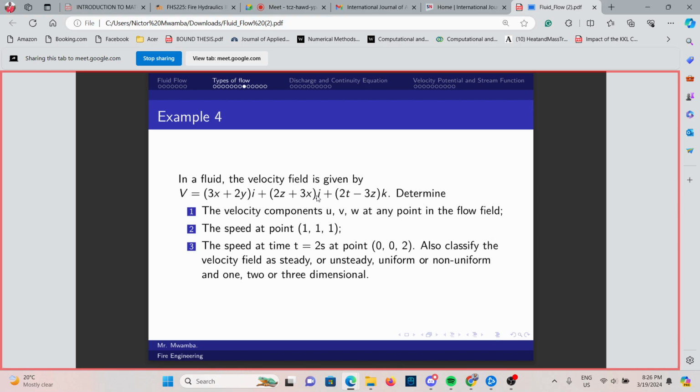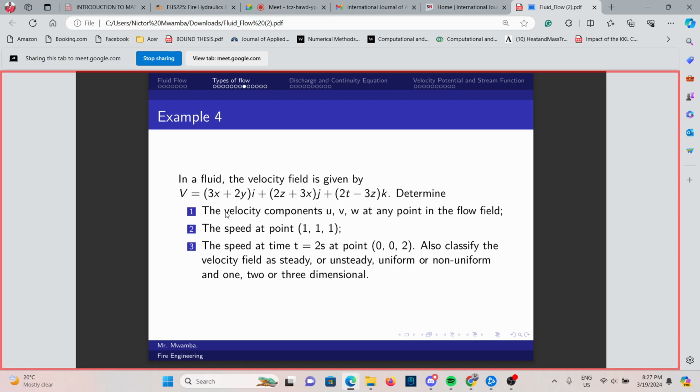The j stands for whatever is happening along the y direction, so this equation 2z plus 3x j represents the velocity along the y direction, and the k, of course, describes the velocity along the z direction.